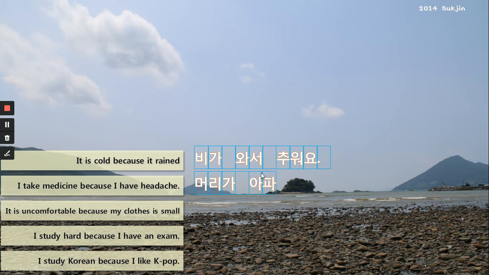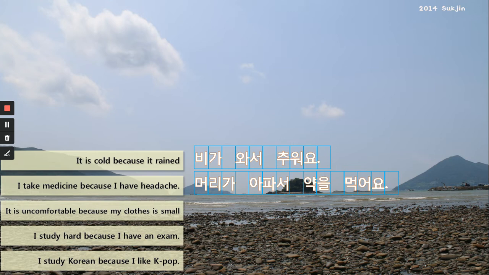So we follow the vowel in front of 아프아. So this is 아파요, not 아프아요, 아파서. Okay, so 머리가 아파서, because I have a headache. 머리가 아파서 I take medicine. Medicine, 약. We need the object marker, 약을, and take. This take we say 먹다, like eat. So 머리가 아파서 약을 먹어요.